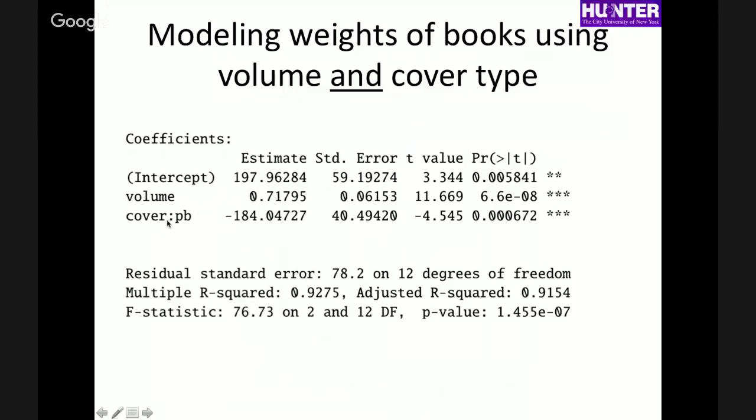But we have a third row here that says color: PB for paperback. And this is the correction that we're going to add to the prediction if it's a paperback.